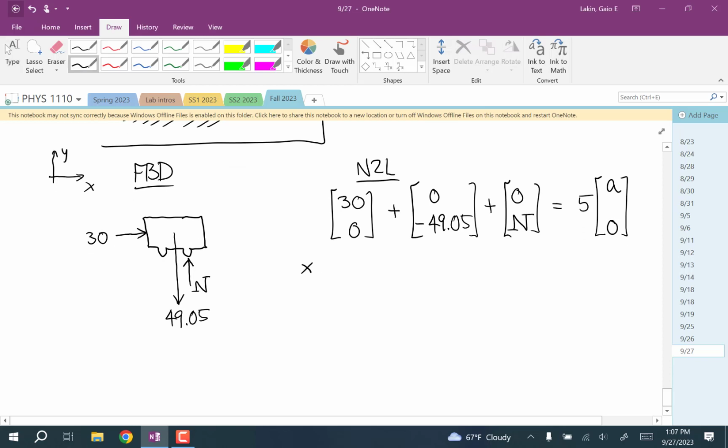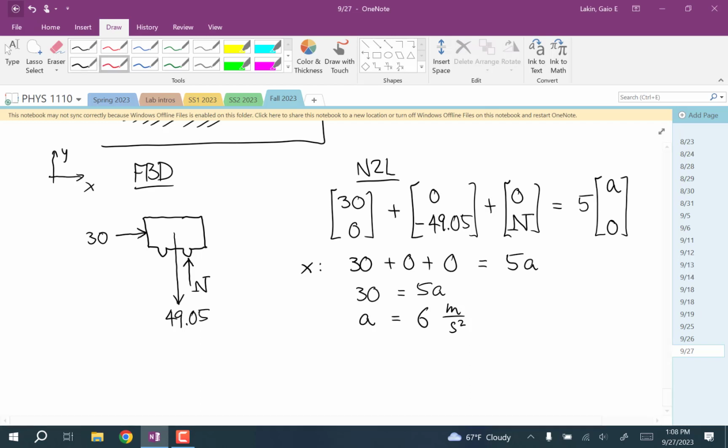Well, there's two equations here. The x equation says 30 plus 0 is equal to 5a. So 30 is equal to 5a. Divide both sides by 5 and you get that a is equal to 6 meters per second squared. Well, that's the magnitude of the acceleration, but it's not a vector.